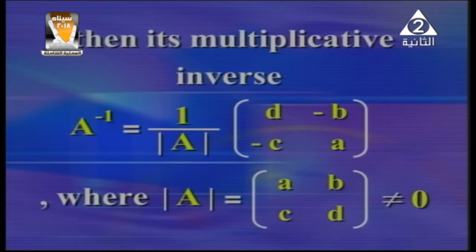This is the condition when we find the inverse of a matrix. At first, calculate the determinant of the matrix. If the determinant equals 0, then the matrix has no multiplicative inverse.